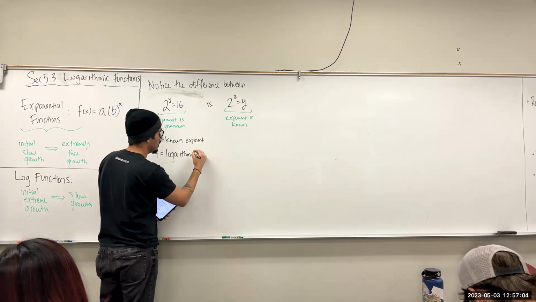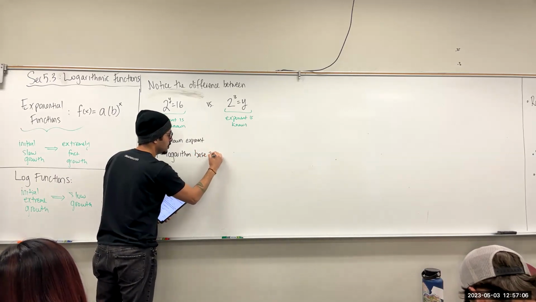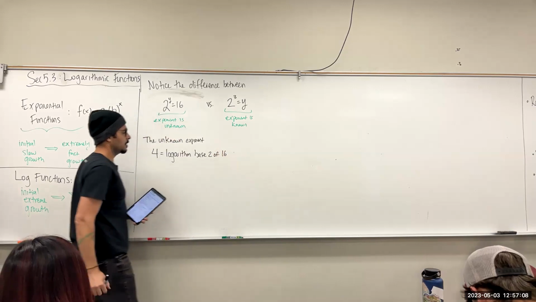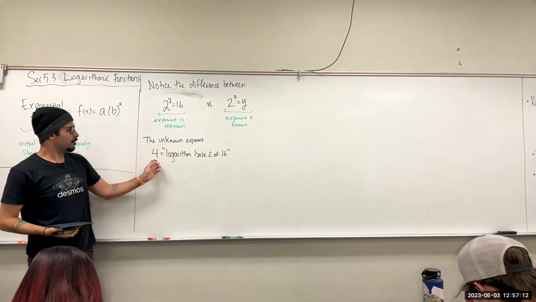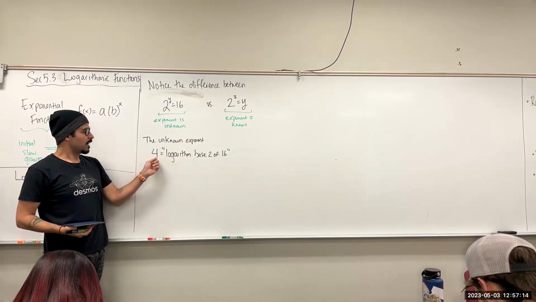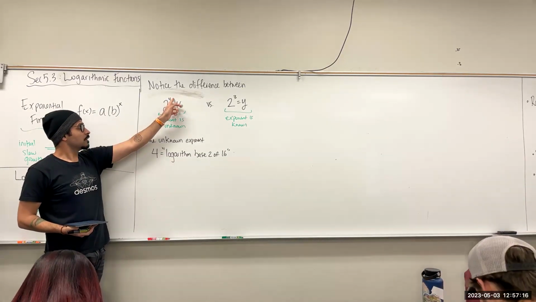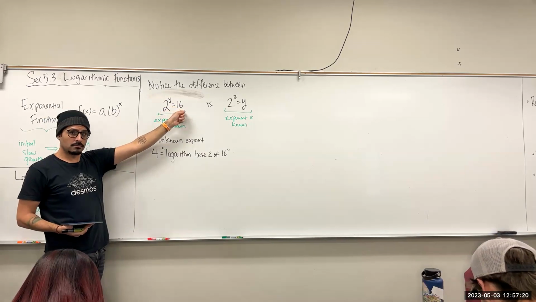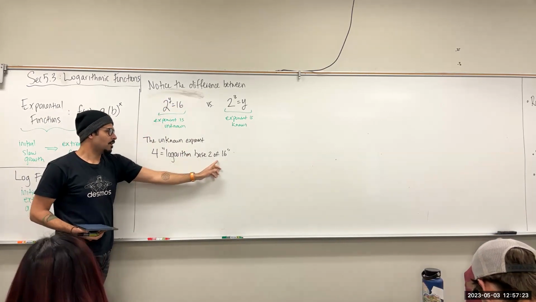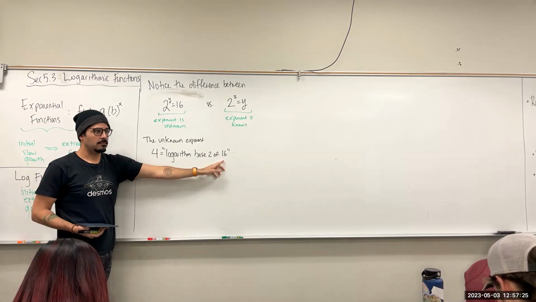Logarithm base 2 of 16. That's how we're going to read that. It's not just 4, you're specifying that this 4 is being used as an exponent with the base 2, and it'll equal 16. And that's the mathy way of writing what that's saying.